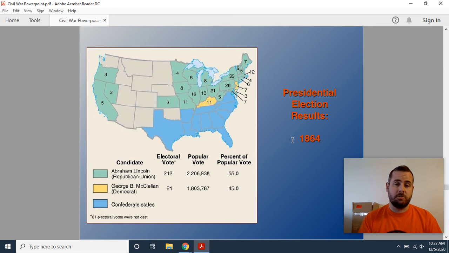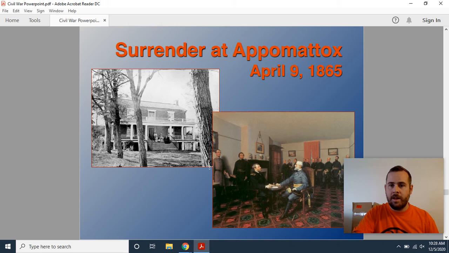And Sherman's victory and subsequent march to the sea from Atlanta to Savannah gave people the impression that the war was going to be over soon. And this propelled Lincoln to a last second victory in 1864. Just after Lincoln begins his second term, the war will end.